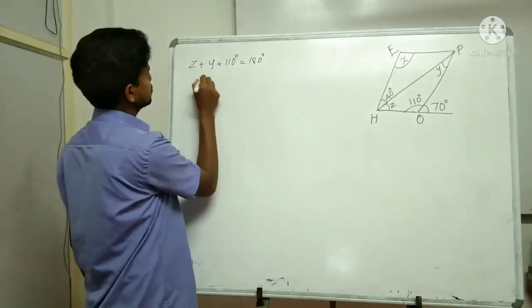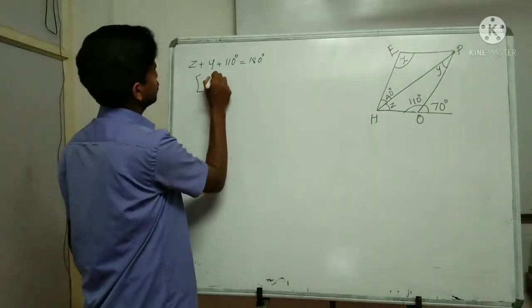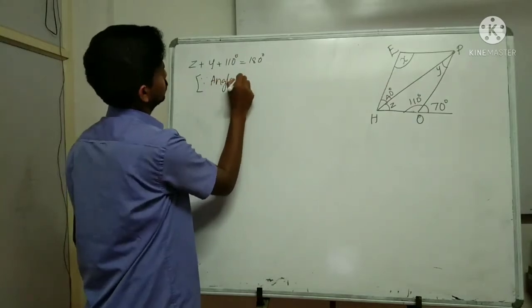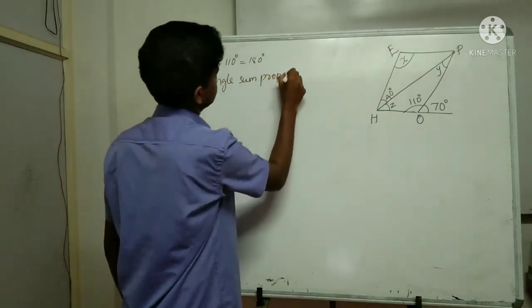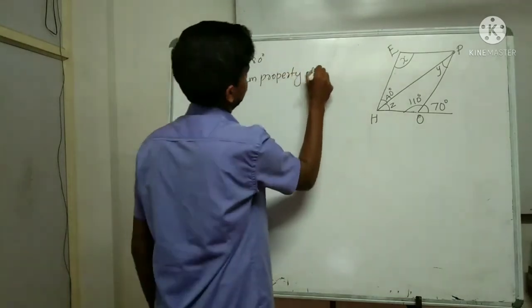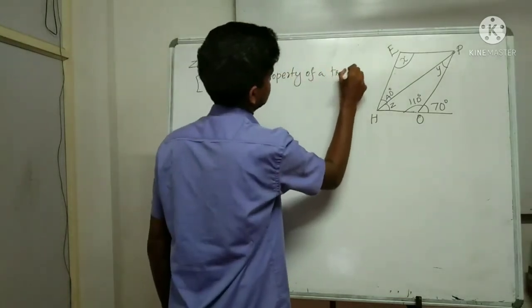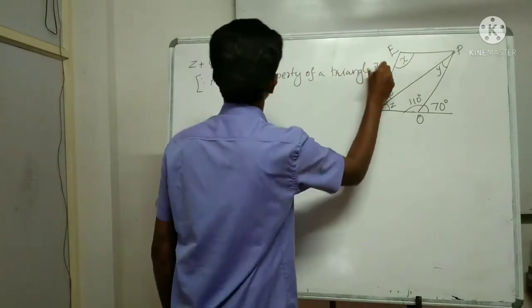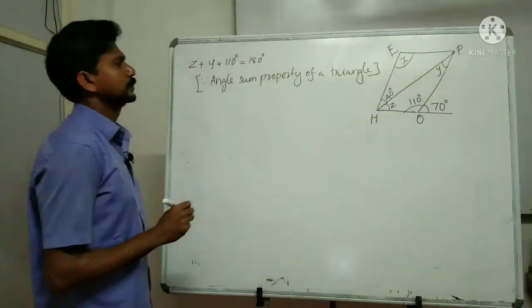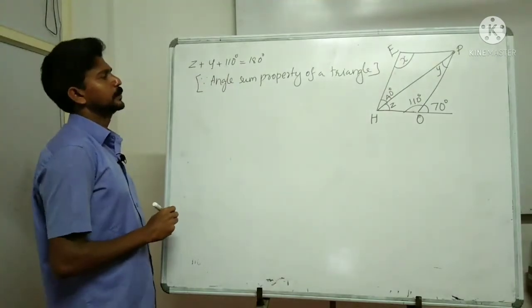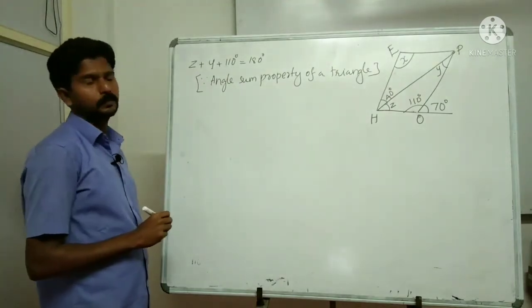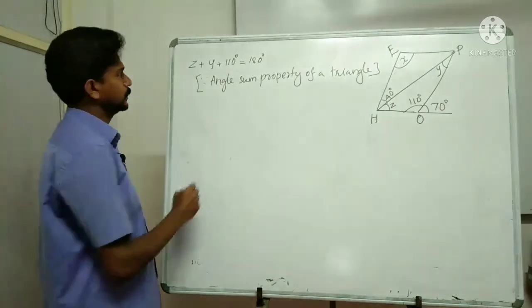The reason is the angle sum property of a triangle, that is the sum of interior angles is equal to 180 degrees.